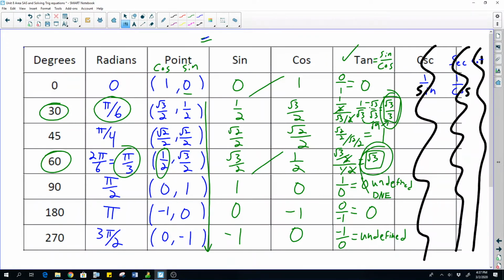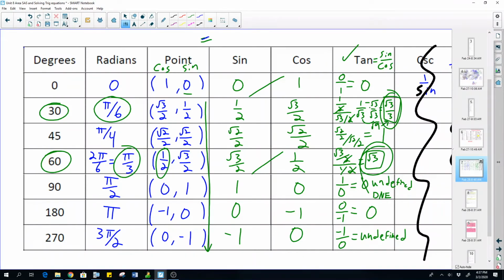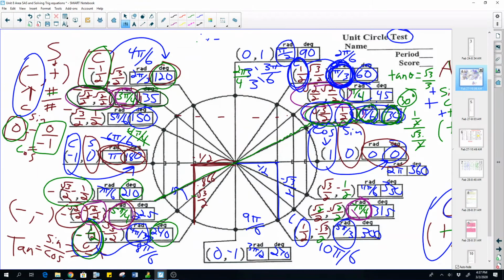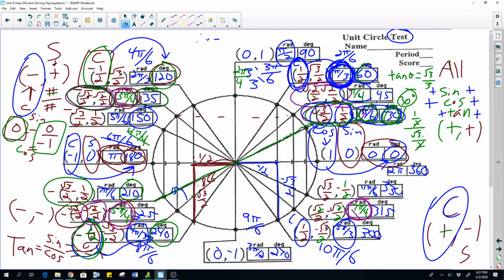So let's take a look then where tangent is 60 degrees and pi over 3. Cool. So here's 60 degrees, pi over 3. Ah, here it is. It's where we have radical 3 over 2 on top because it's sine, and then divided by a half, and that just becomes radical 3. So 60 degrees is our answer. But we want negative, though, negative.